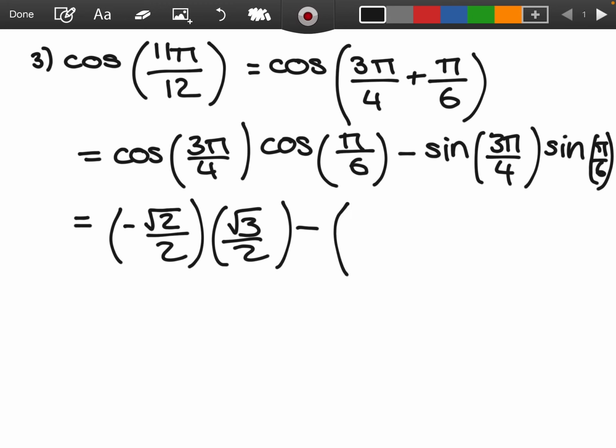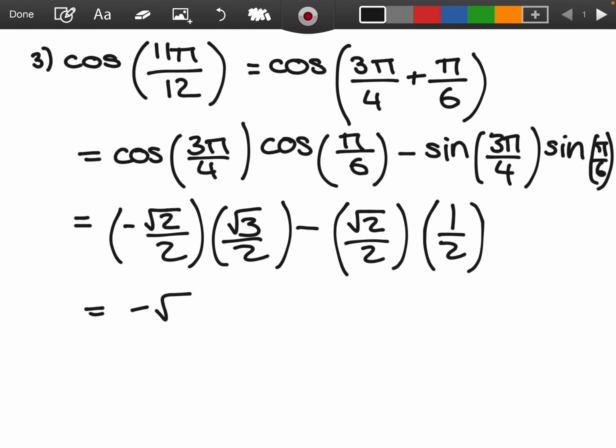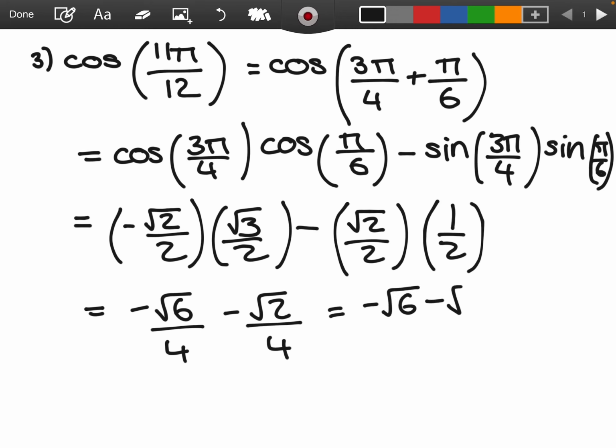Sine of 3 pi over 4 is the square root of 2 over 2. And sine of pi over 6 is 1/2. So if you put all of that together, you get negative the square root of 6 over 4 minus the square root of 2 over 4. And then you can combine those into one fraction. So we're going to have negative the square root of 6 minus the square root of 2, all over 4.